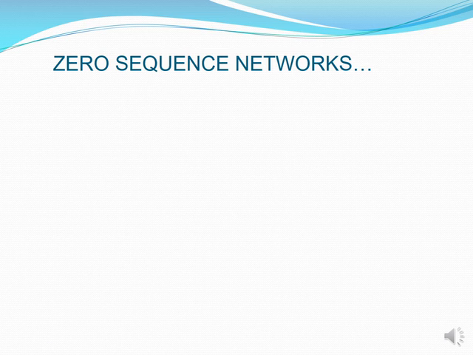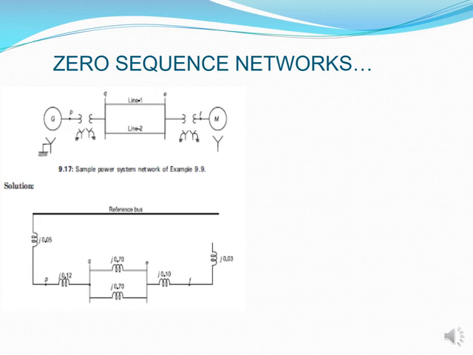So in this slide, I thought let me bring in one or two examples showing basically how you would draw your zero sequence network. The first one has a generator connecting into a transformer, two parallel lines, and then going through to another transformer feeding a motor. At the bottom is how you would draw it.